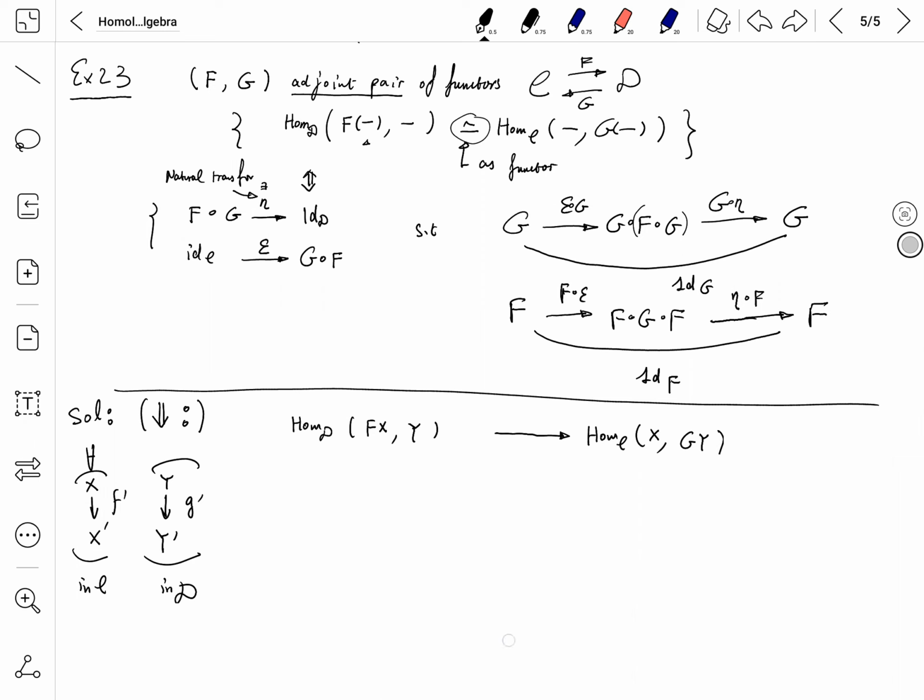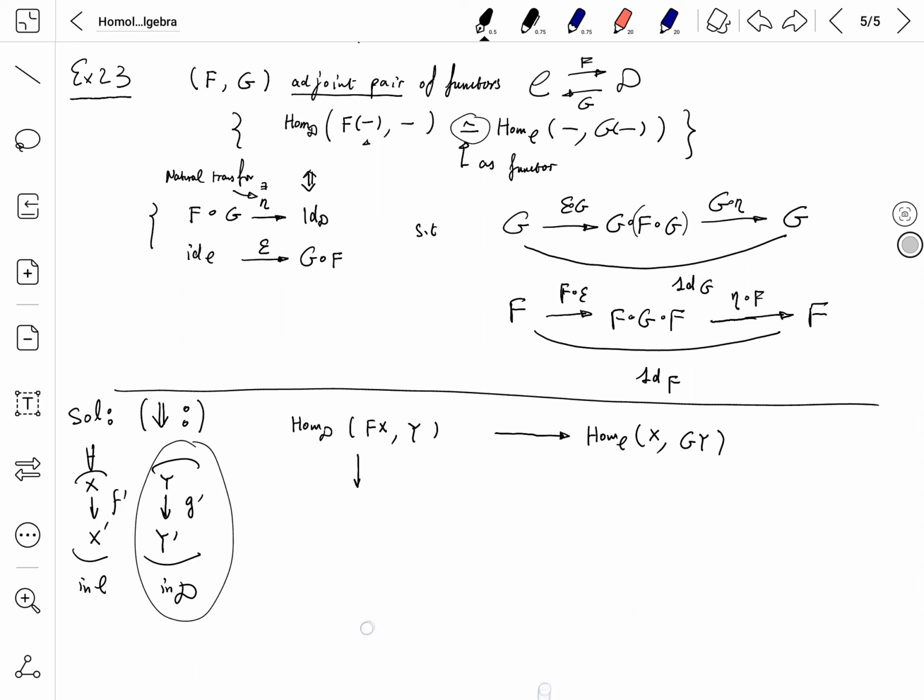Let's first focus on this part. If we apply this functor to y in the second position, then this is covariant, so it doesn't change the direction of the arrow.